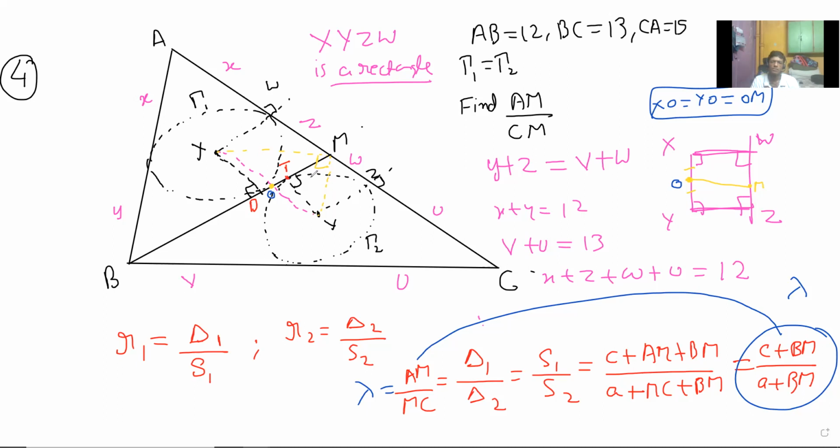If we try to use this 90-degree, then also it doesn't seem to be useful. Okay, so we have done this problem and made these observations. Let us move forward quickly.